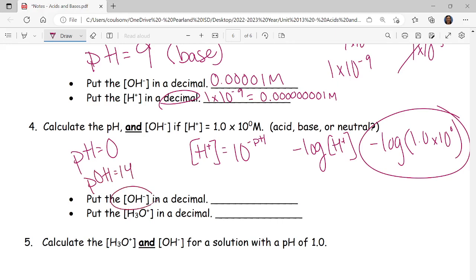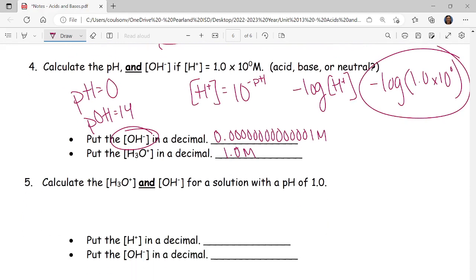If it's in brackets like that, it's asking for the concentration. So 0.13 zeros: 1, 2, 3, 4, 5, 6, 7, 8, 9, 10, 11, 12, 13, and then a 1. Next one is just 1.0.